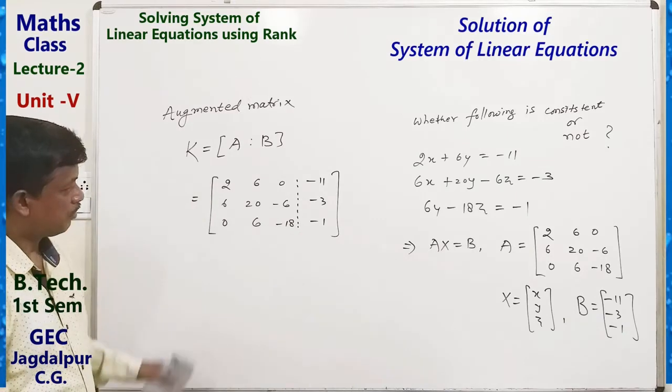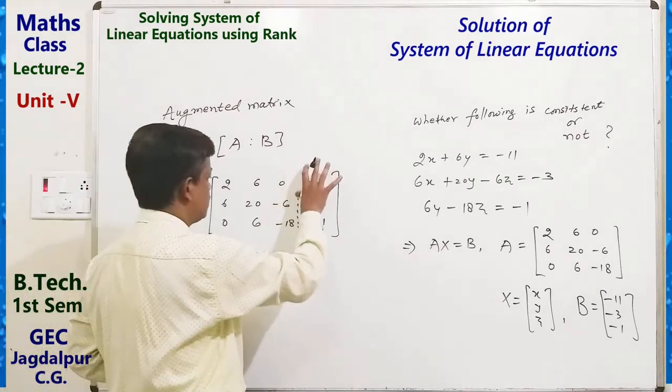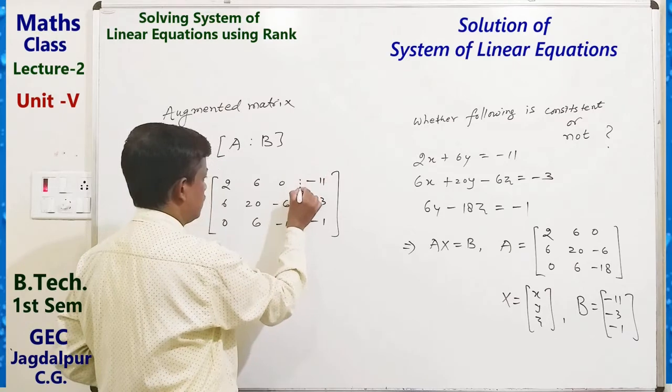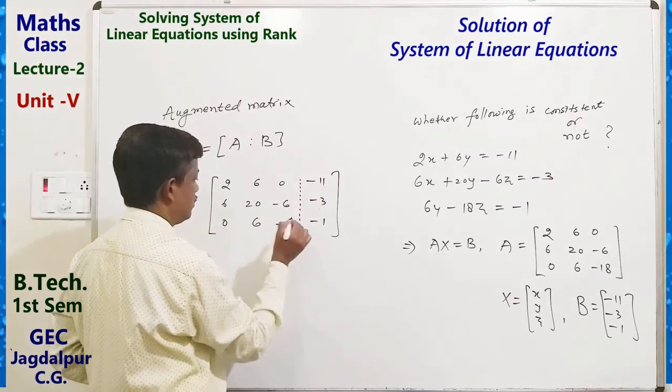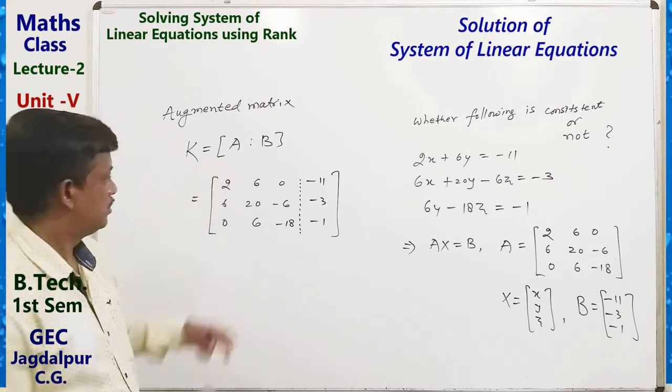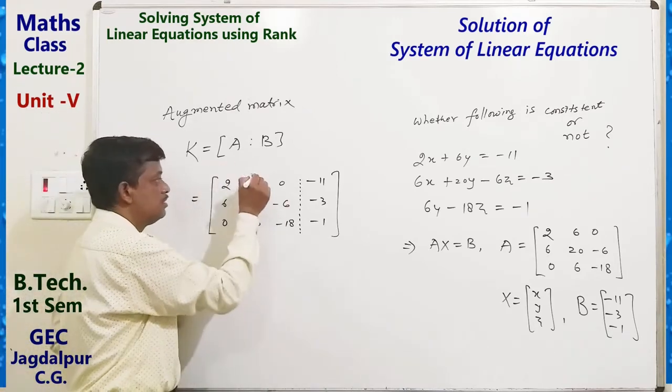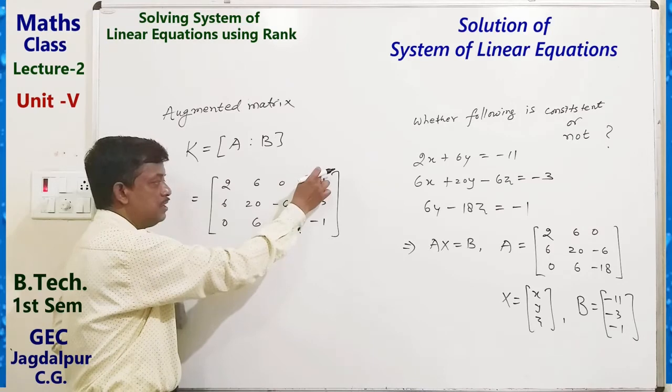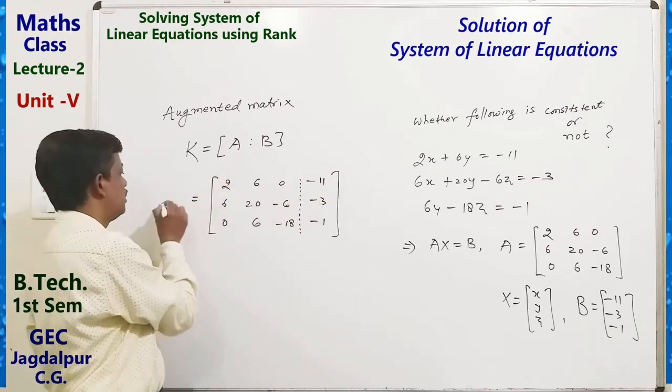From this augmented matrix, we have to find the rank of the coefficient matrix. This part is A, this is B, and the total is the augmented matrix.